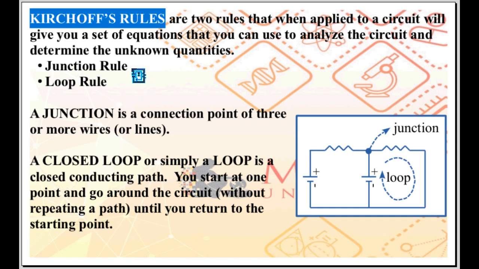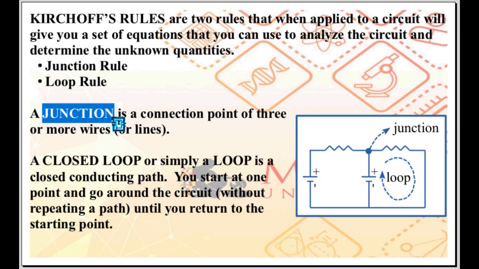For you to apply the junction rule and the loop rule, you need to be familiar with what a junction is and what a loop is. A junction is a connection point in the circuit, a connection point of three or more wires or lines. For instance, if this is our circuit, this point is a junction.